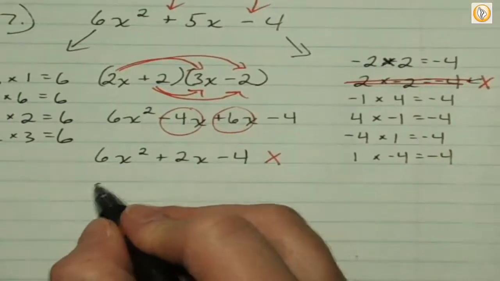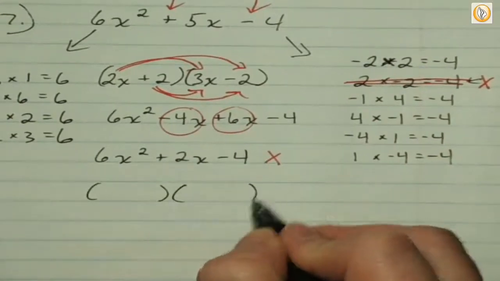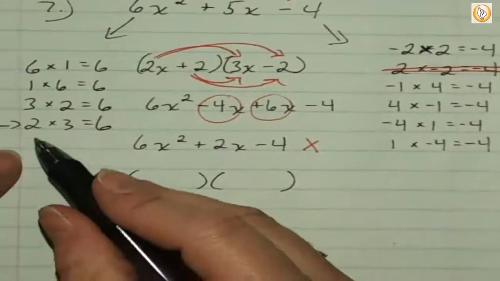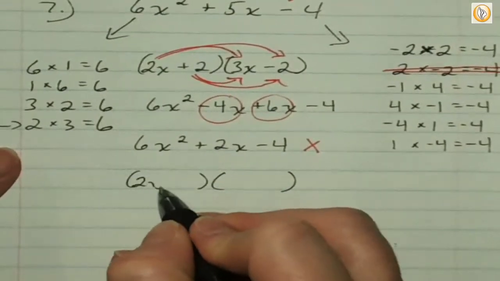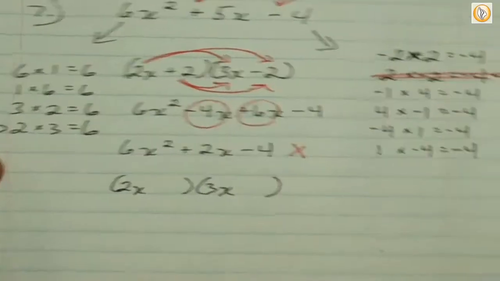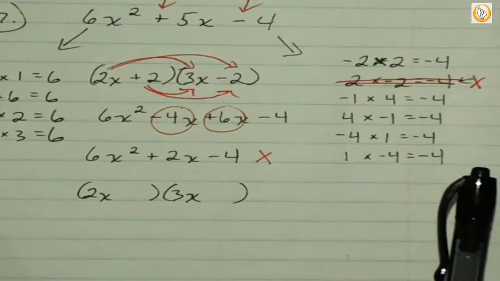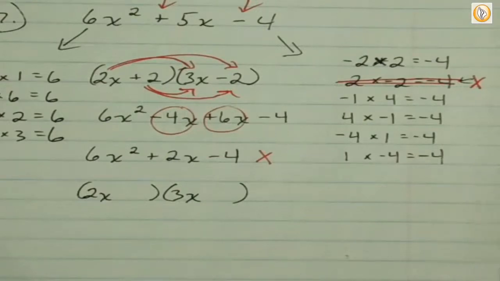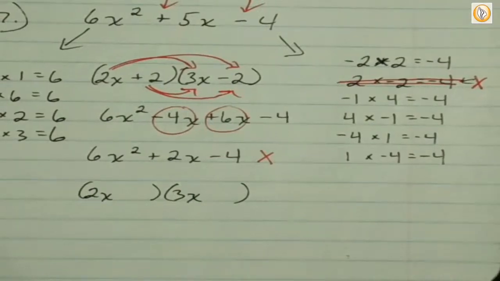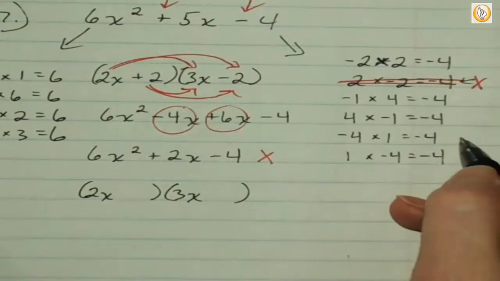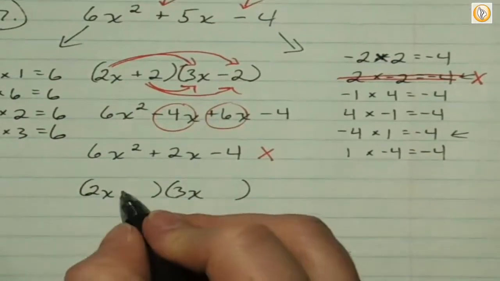All right, so look, we're going back to the drawing board. So he said the 2 and the 3 were correct. So Whit, do you have another suggestion? Negative 4 times 1. This one right here? Yes, ma'am. Let's try it.